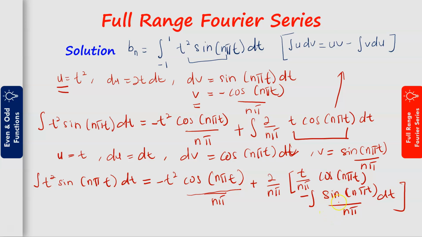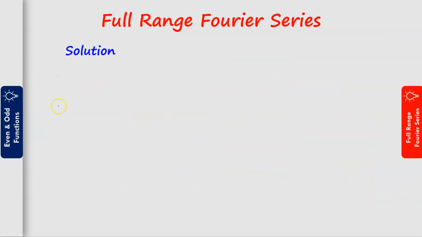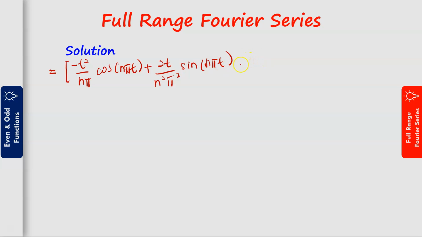No need to use integration by part. This is just a trigonometry function. When we solve this one, class, we'll have here the integration of that one equal to negative t square over n pi cos n pi t, and then plus here 2t over n square pi square sine n pi t, and then plus 2 over n to the power of 3 pi to the power of 3 cos n pi t.